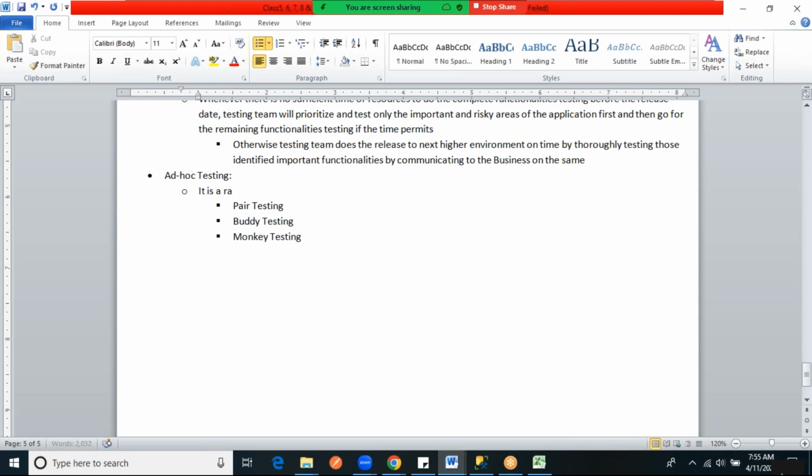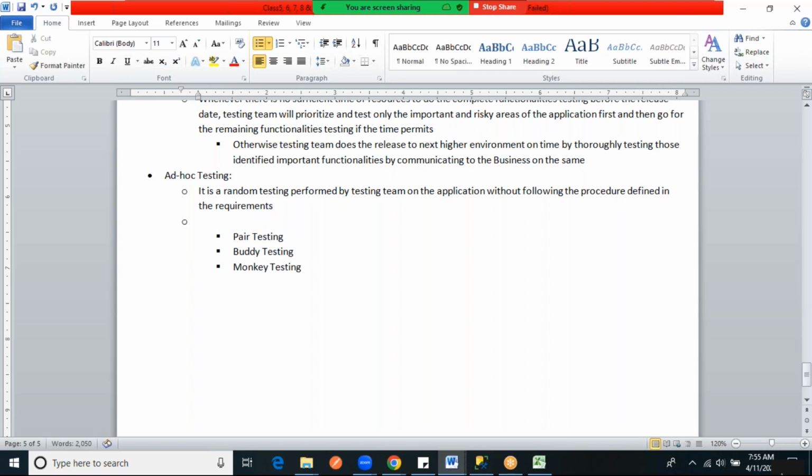It is a random testing performed by the testing team on the application without following the procedure defined in the requirements.